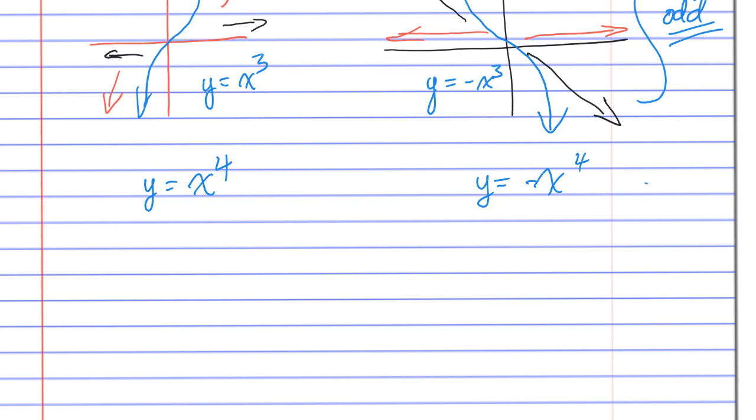Well, this is what our graph would look like. For the positive version, as we moved along the x-axis this way, our graph would blow up that way. And then as we move towards positive infinity on the x-axis, our graph would blow up this way. So essentially, you're getting something that's kind of similar to a parabola.